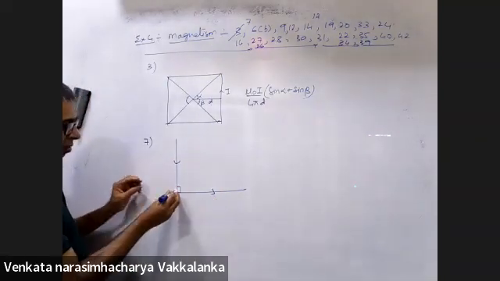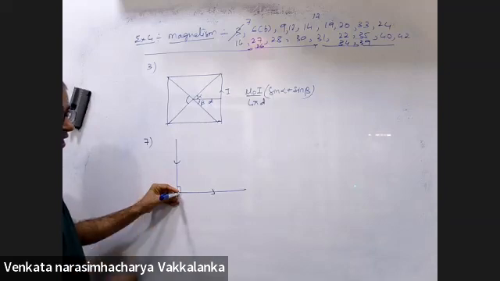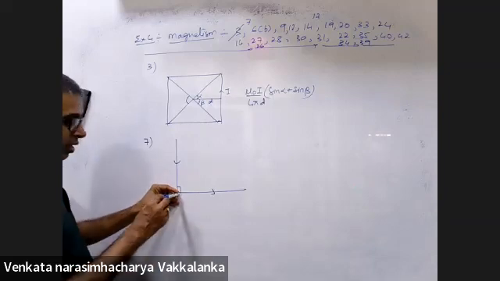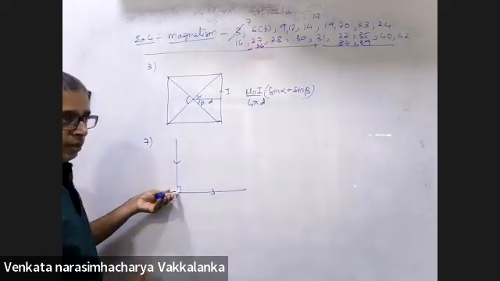That means he needs the magnetic field here at 35 centimeters. This point will be a semi-infinite point for this wire. Do you agree with that?